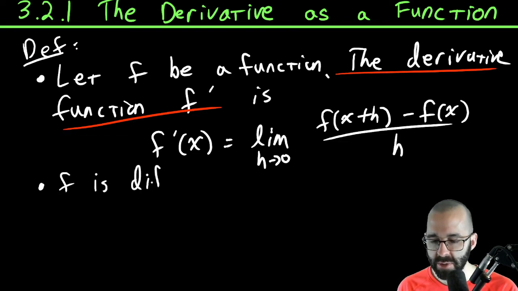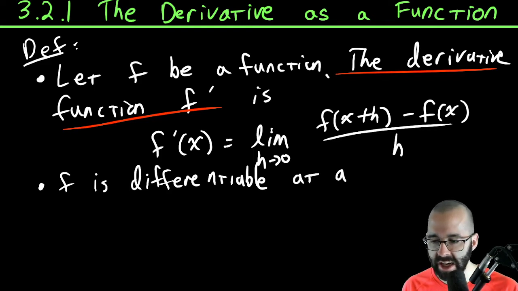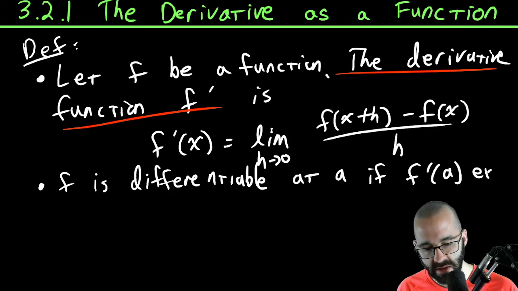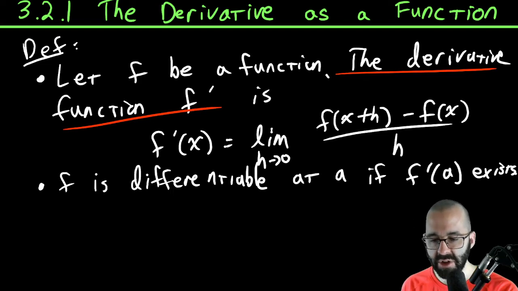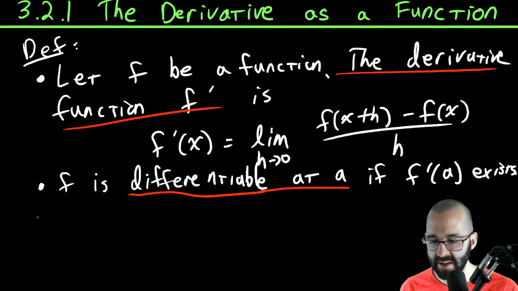F is differentiable at a point A. Oops, that's not an A, that's an I. F is differentiable at A if f prime of A exists. Okay, so if the derivative exists, we say it's differentiable at that point. Very similar definitions, right?